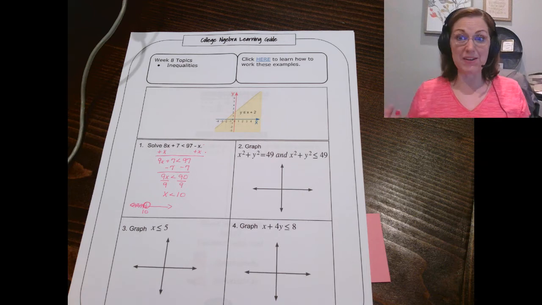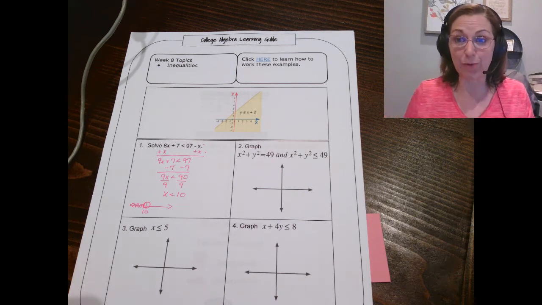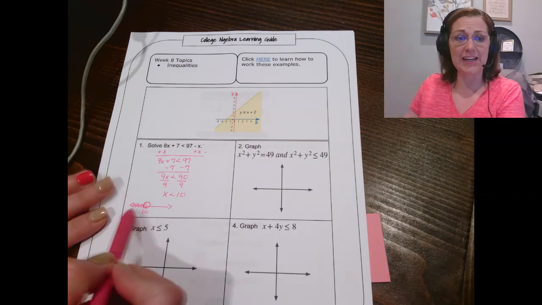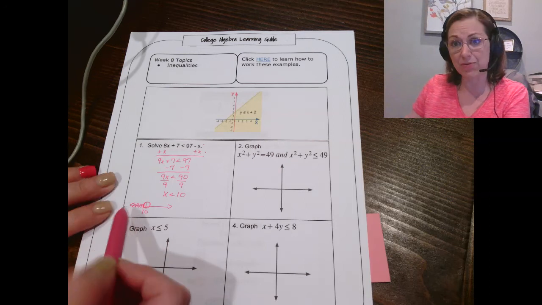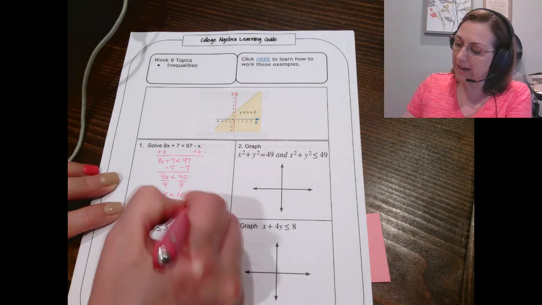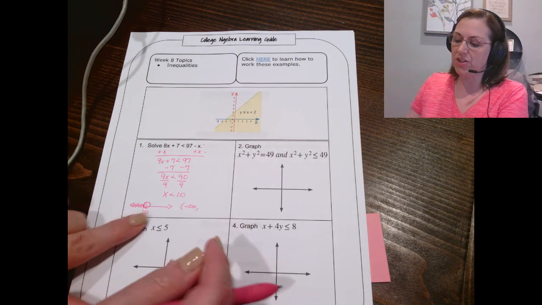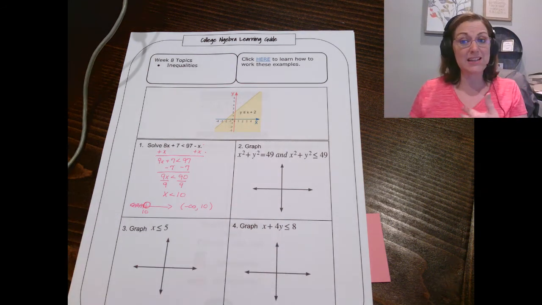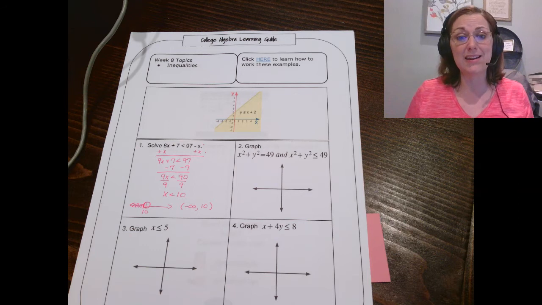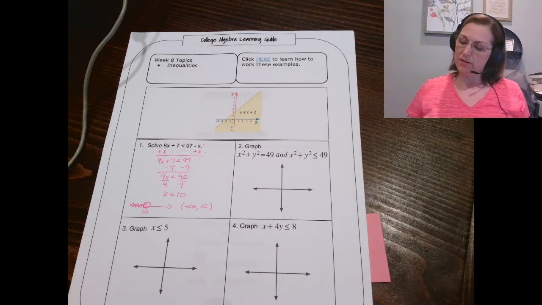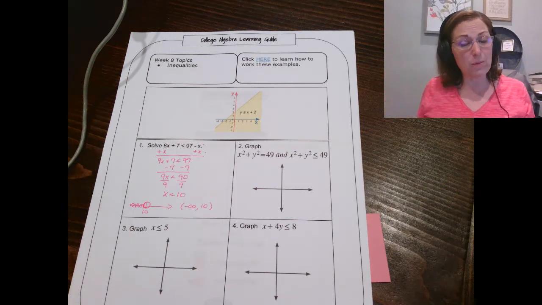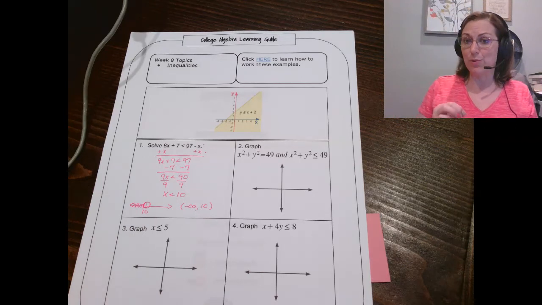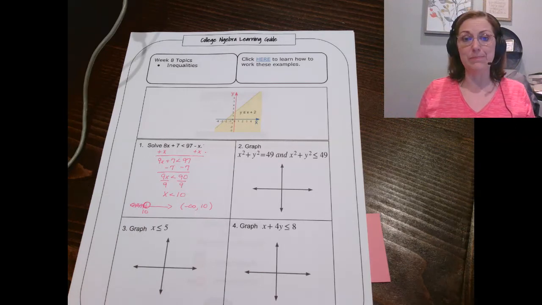You may, in a previous math class, have written that as an interval. You would look at the shading and say, okay, where does the shading start over here on the left? It starts at negative infinity. Where does the shading end? It ends at 10, and we use a parentheses because the 10 is not included. And so those are a couple of different ways you could see the solution for the inequality here written.